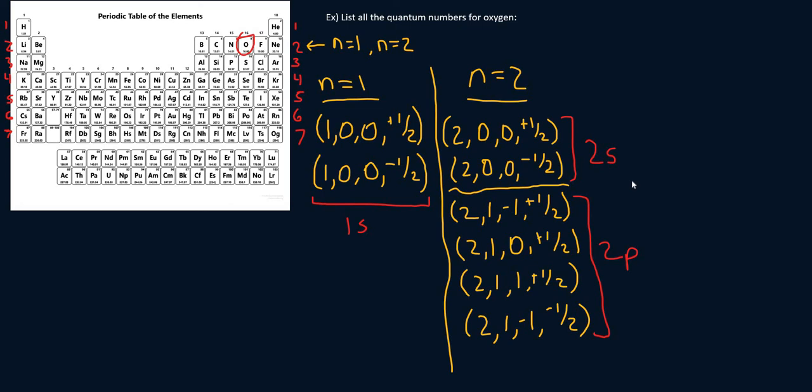I would split those up, and I would also do it one L at a time. So do your L is equal to 0 first, then do your L is equal to 1, then do your L is equal to 2, however many you need for the total number of electrons you have. So hopefully that allowed all of that to make a little more sense, and in the next video we'll be covering electron configuration and orbital diagrams.